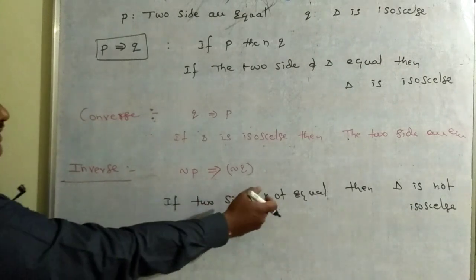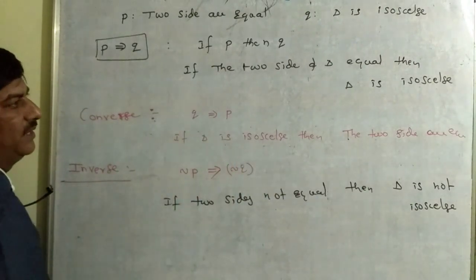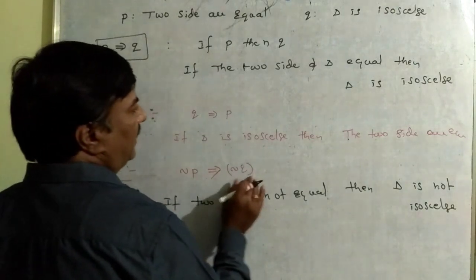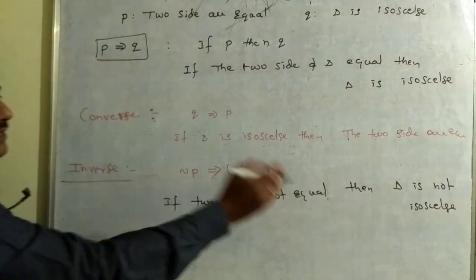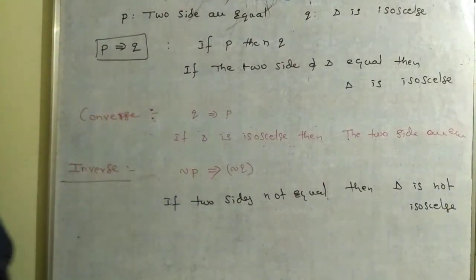Negation means apply the not, so two sides are not equal, which is the negation of P, and the triangle is not isosceles. The triangle is isosceles is given in the second statement; not isosceles in the second statement, we are getting the negation of Q. Now we go for the contrapositive.